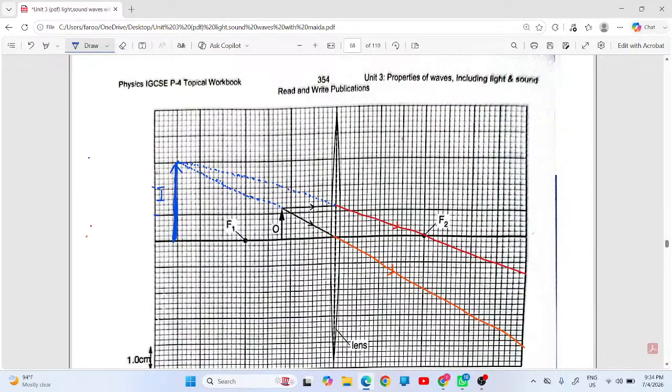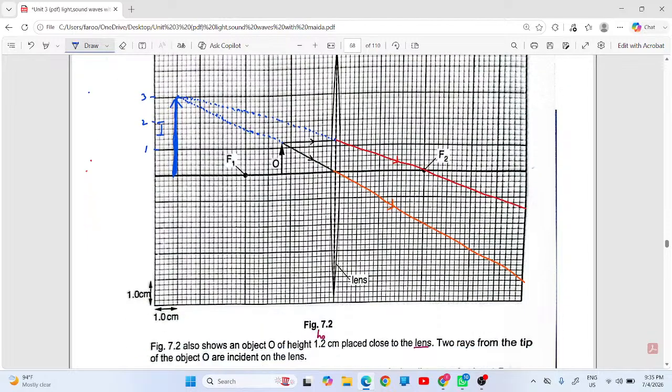Height आप देखते हैं, मेरी जो कैलकुलेशन है, मैंने कोई स्केल यूज नहीं किया, so it's 1 centimeter, 2 centimeter and 3 centimeter.